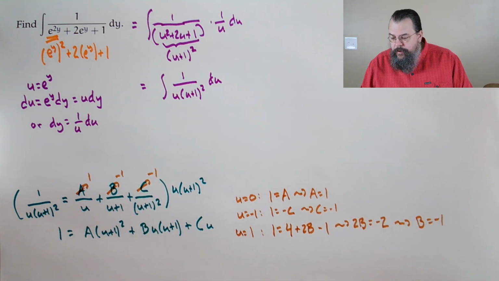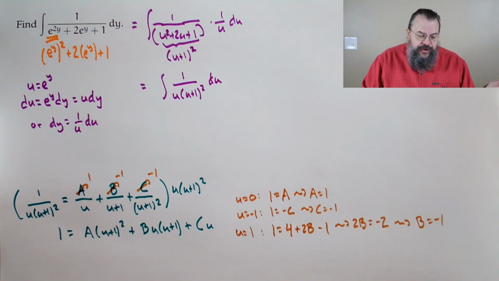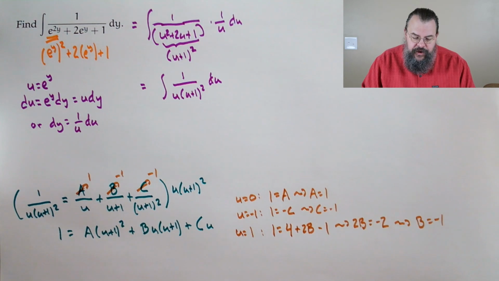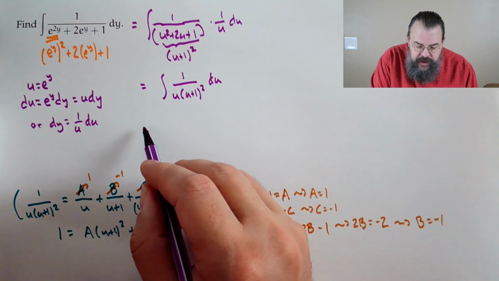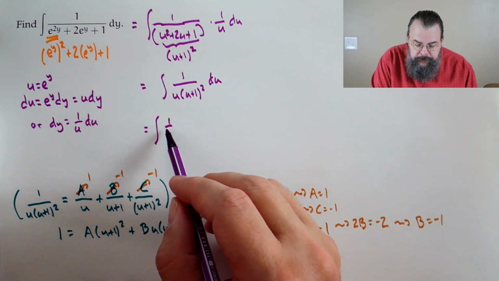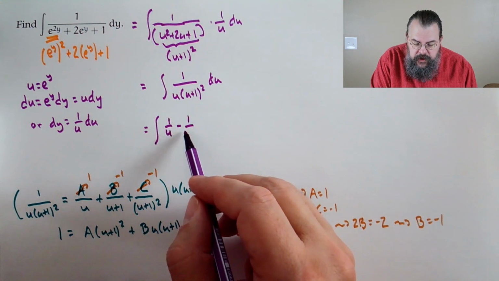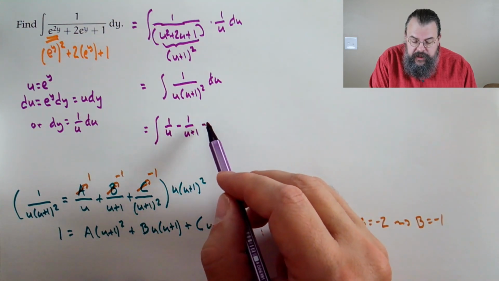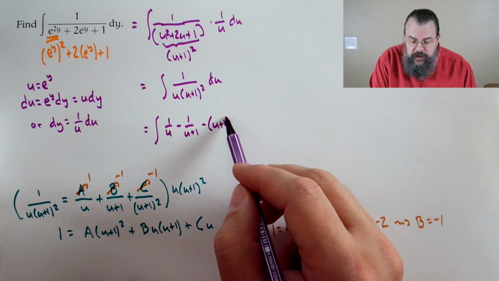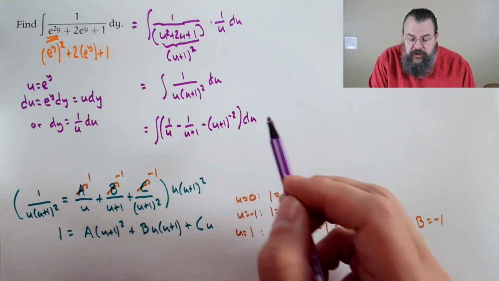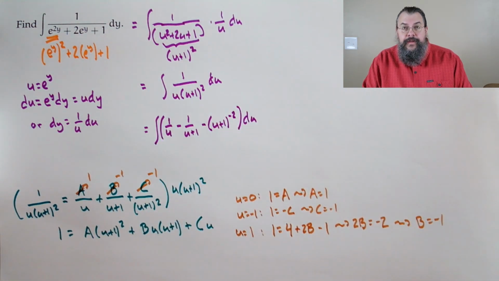All right, well, now back to our regularly scheduled problem. So this integral becomes 1 over u minus 1 over u plus 1 minus 1 over u plus 1 squared, which I'll write as minus u plus 1 to the minus 2, just in anticipation of actually carrying out the integral.